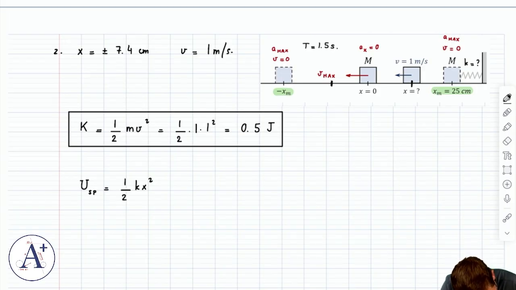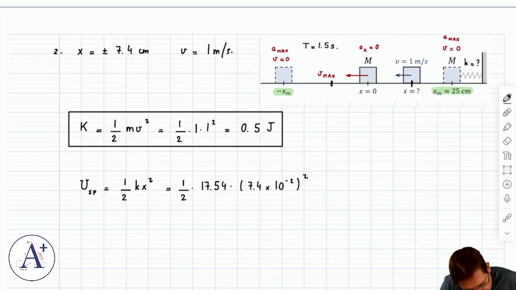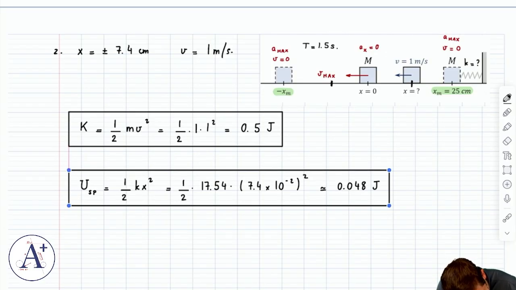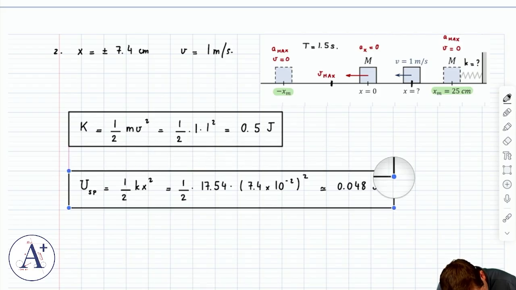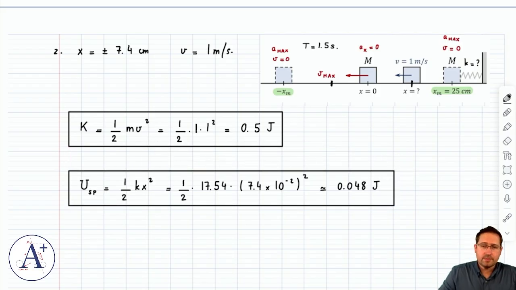So this is going to be 1/2 times 17.54, that's k, times x, which is, okay, so it's 7.4, but it's 7.4 centimeters, so 7.4 times 10 to the negative 2 squared, and that's going to be approximately 0.048 joules. All right, so that's K and U spring.